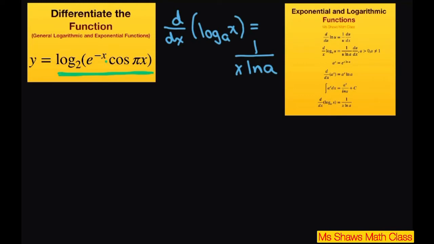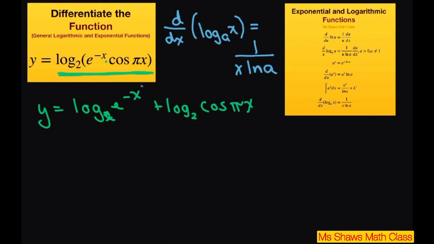So I can write this as the sum of 2 logs, and that would be log base 2 of e to the negative x plus log base 2 of cosine pi x.